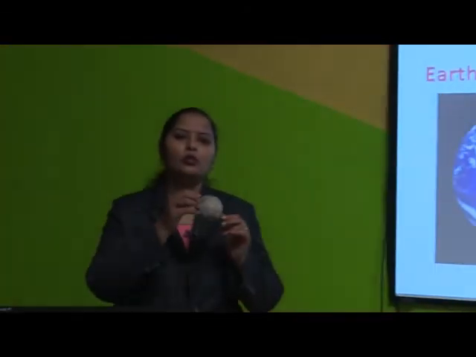Okay children. So this is a ball, right, and I have inserted a needle. A needle is inserted fixed through this ball and this ball now is moving around this needle. So in geographical terms, let us assume that this ball is an earth, right, and this needle that is inserted is its axis.